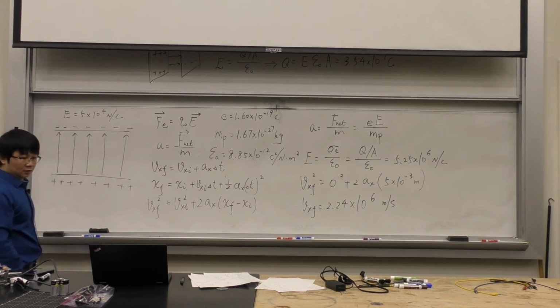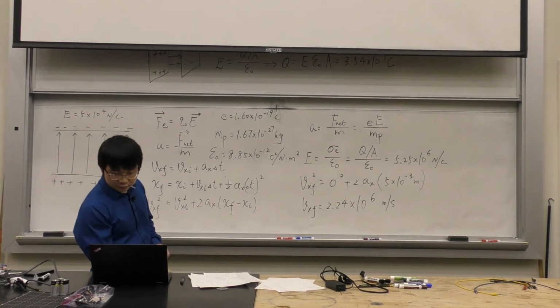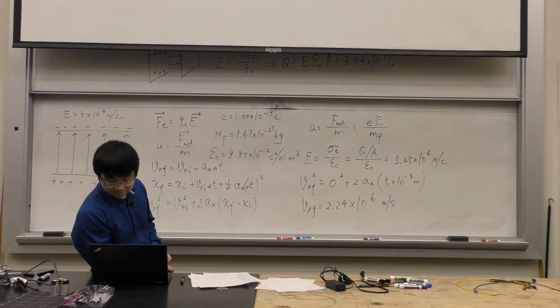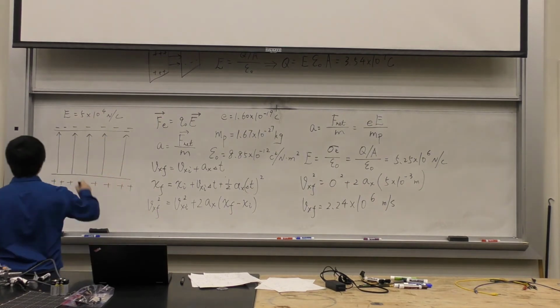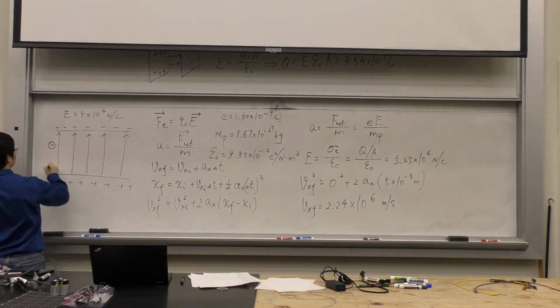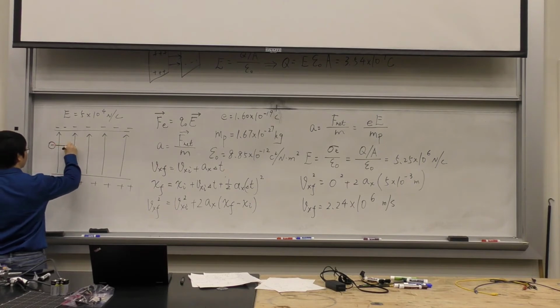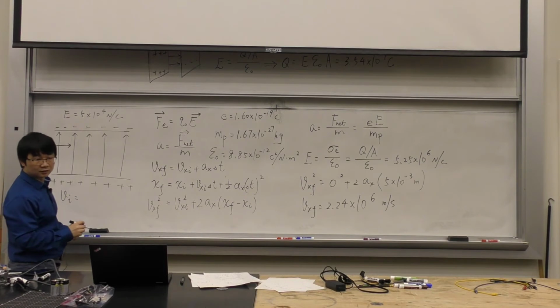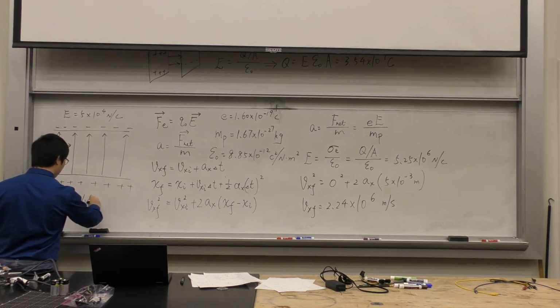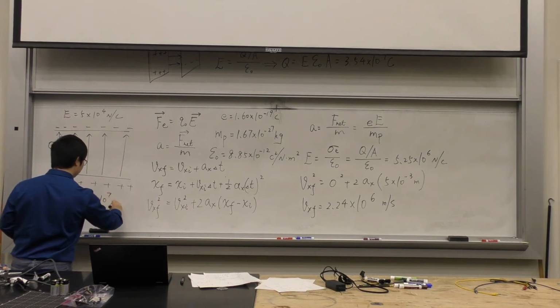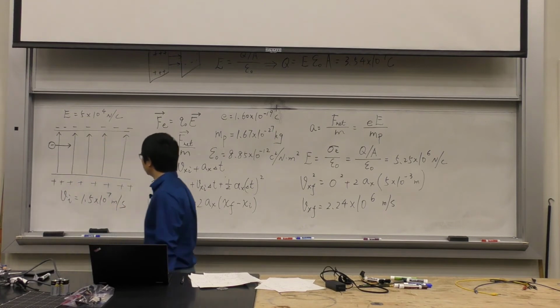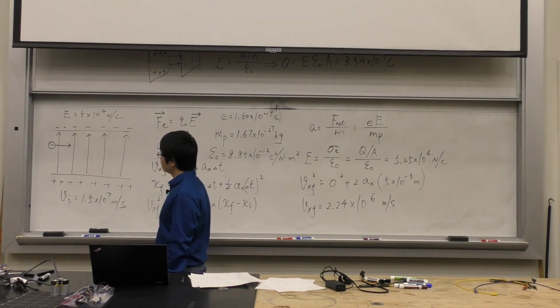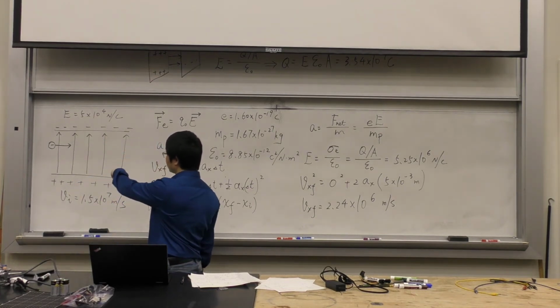Now, some electrons are going to enter this region, so let's just draw one. They already carry an initial velocity, 1.5 times 10 to the 7th meters per second, already very large. This is the electric field.